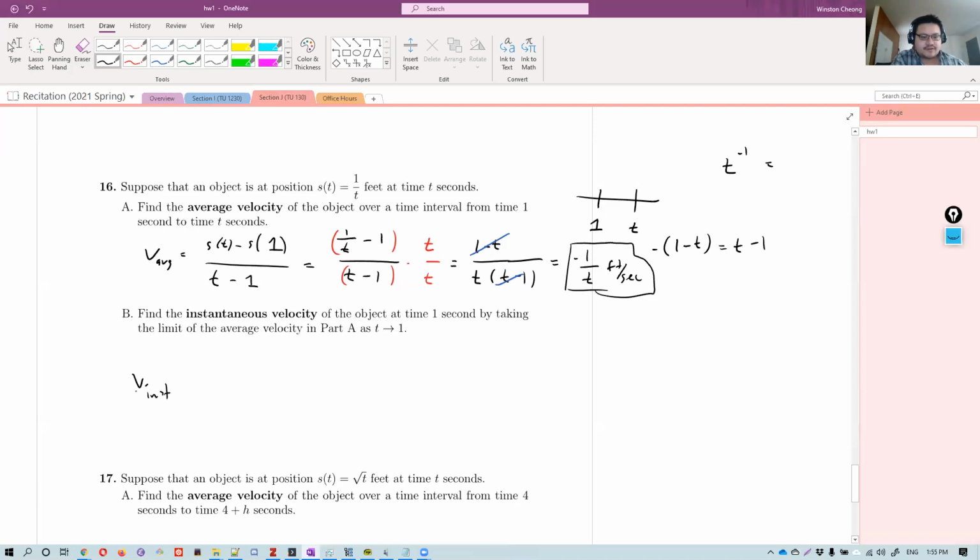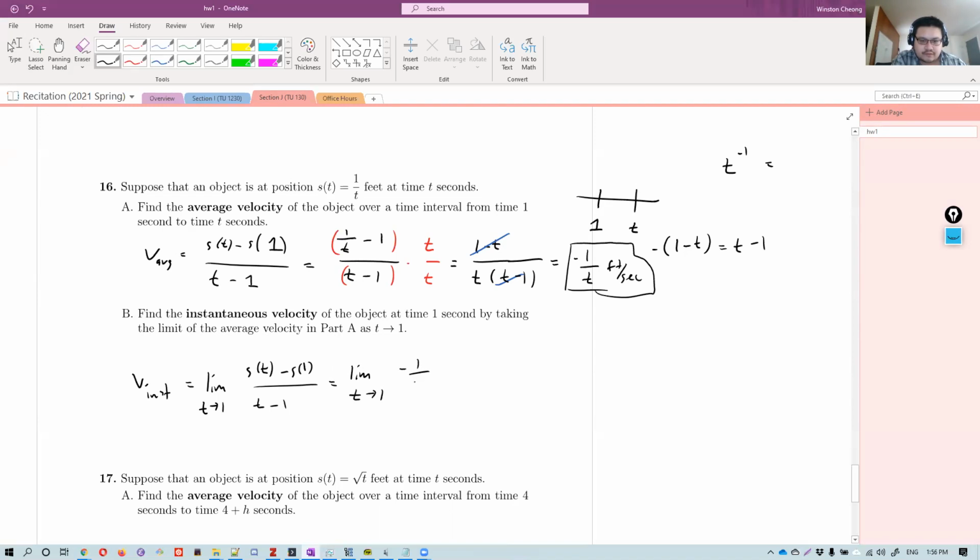Now we want to compute the instantaneous velocity from this. So it's the same as before. We are taking a limit. We want to make that t approach 1. We're talking about the average velocity. We don't want to redo our work, we just want to use it.